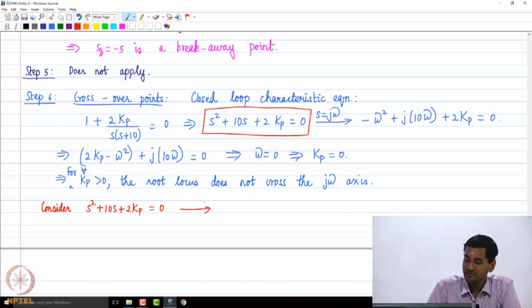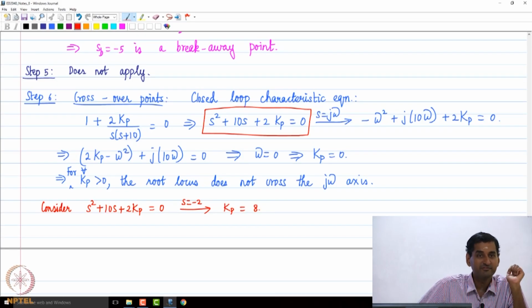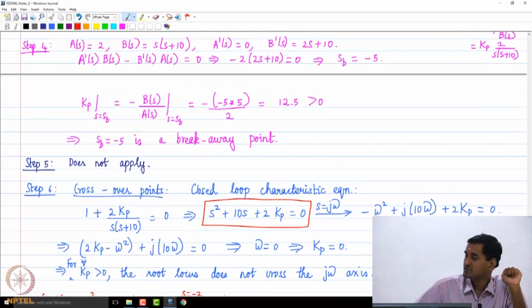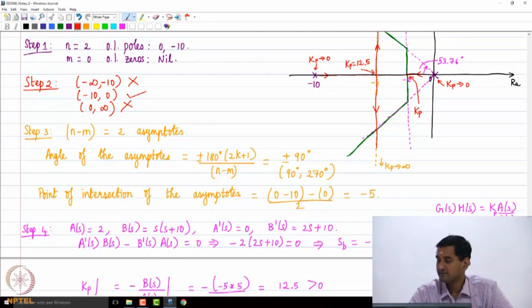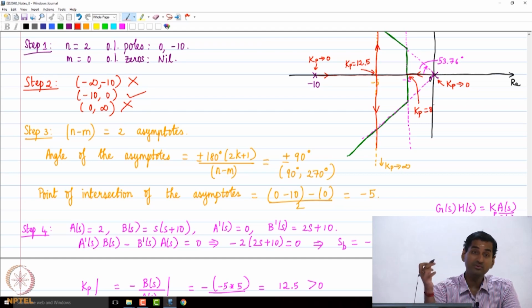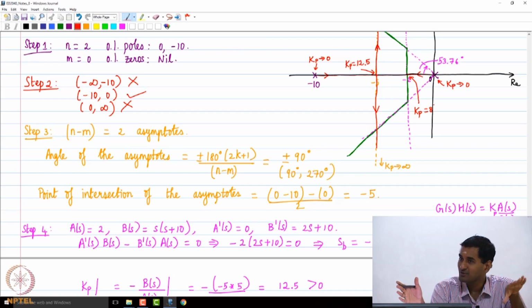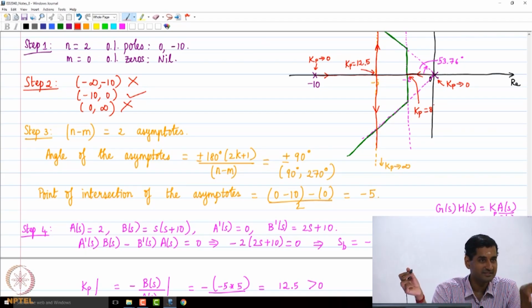Here if you substitute S equals minus 2, we get Kp to be 8. That's pretty straightforward algebra, correct? So now you can see what we have done. For stability, we wanted Kp to be greater than 0. For performance, Kp should be greater than 8. Only then both branches will enter into this trapezoid.